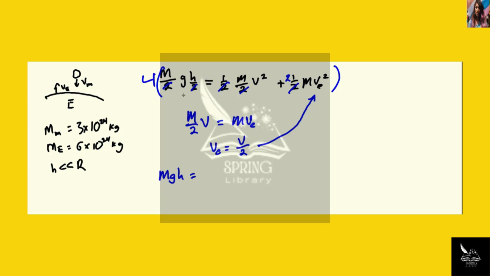So now over here we have mgh, and that's going to equal mv squared plus 2 times m times v over 2 squared. So that's going to be m times v squared over 4, and then this 2 will cancel out and cancel the 4 into a 2.